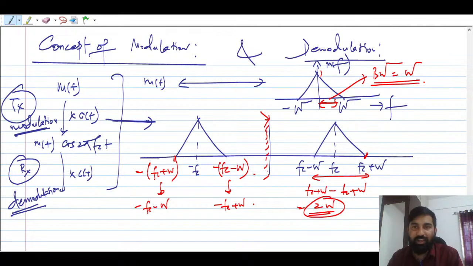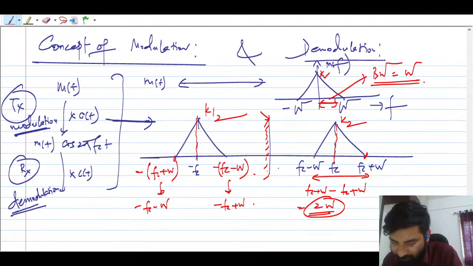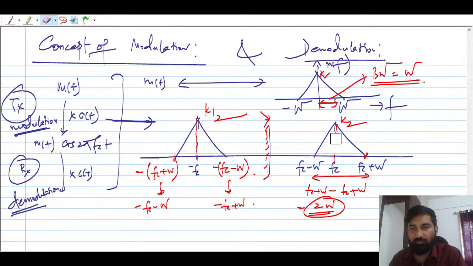Suppose this is K here, so this will be K by 2. There is a carrier also present? This is K by 2, the magnitude of this. Please remember these points. There is actually no carrier present at this point.